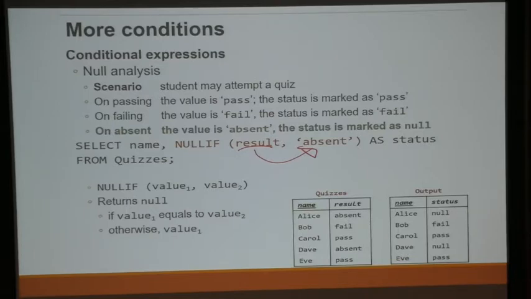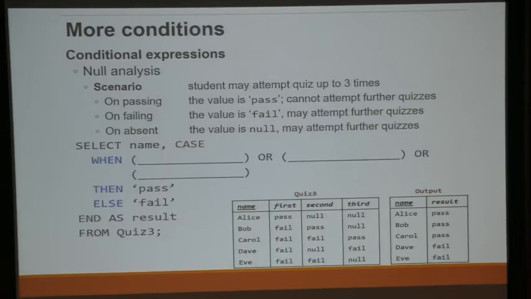The second one is actually more complex here. We want to know if a student passes. A student has 3 attempts at any single quiz. A student passes if we give him a pass grade, and they cannot attempt any further quizzes.